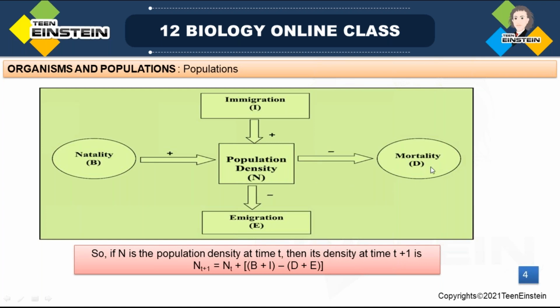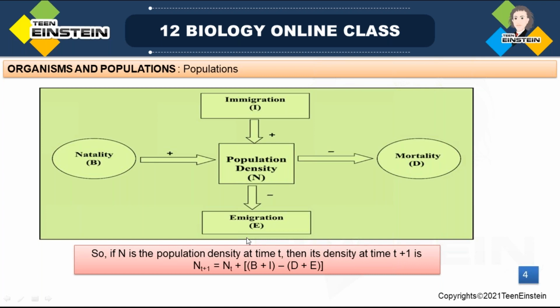At the same time, mortality D shows the deaths, and emigration is the number of individuals going out of that habitat. Mortality and emigration reduce the population growth.